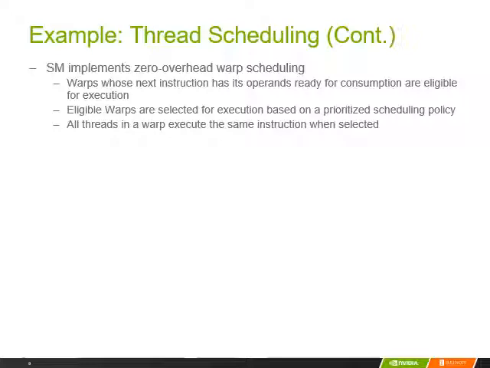So the eligible warps are selected for execution based on a prioritized scheduling policy. In GPUs with rich amount of resources, multiple warps could be selected for execution in each clock cycle. In GPUs with less execution resources, it can be only one warp selected for execution in each clock cycle. As we already mentioned, all the threads in a warp execute the same instruction when it's selected for execution.